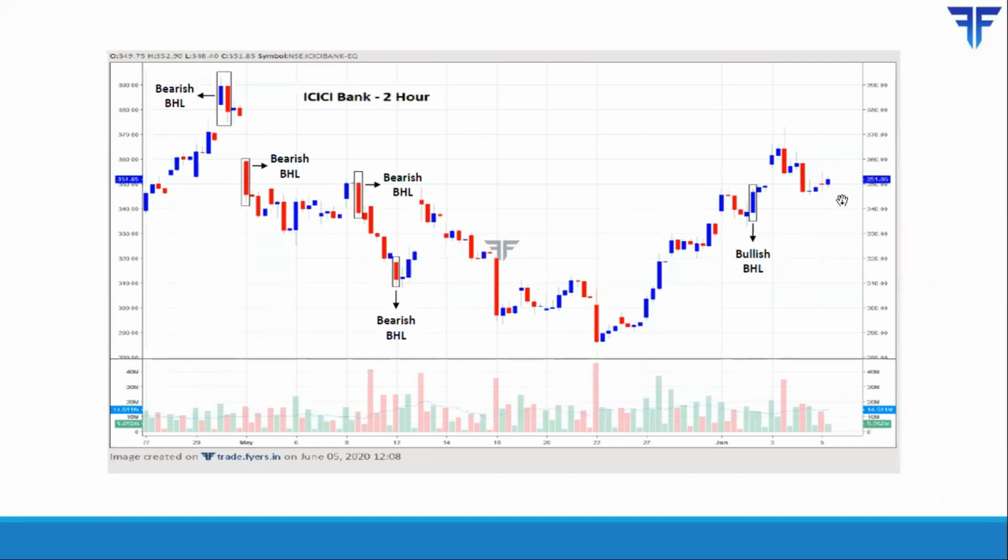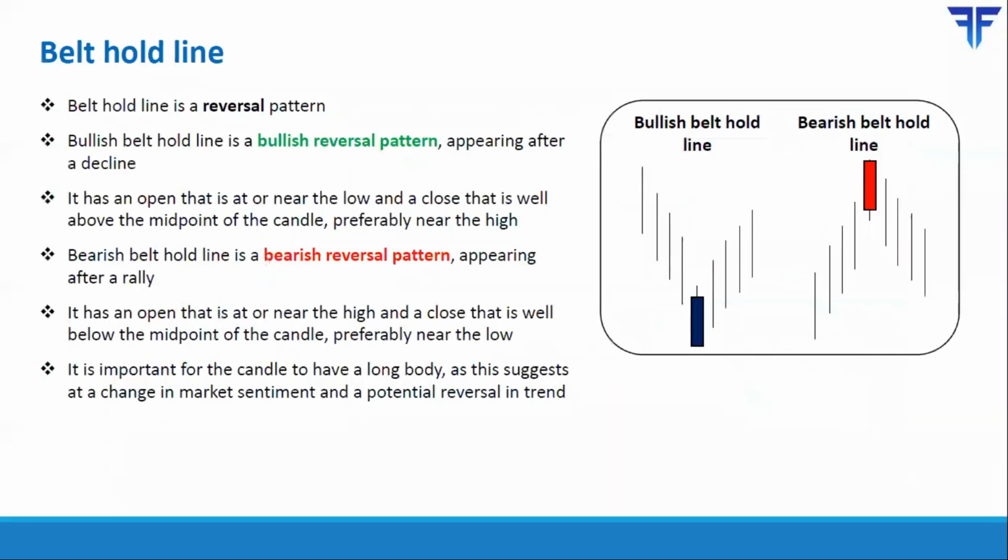Then again, if you look at the extreme right, you have a bullish belt hold line that appeared. I personally wouldn't prefer acting on this pattern because it's appearing after a rally in price, whereas the definition of a bullish belt hold line states that it should appear after a decline in price. So I personally wouldn't trade this, although in the subsequent candles price did go higher.